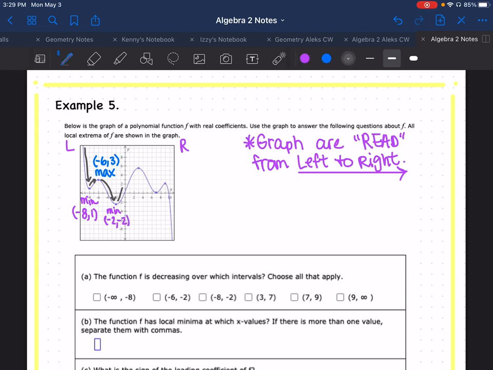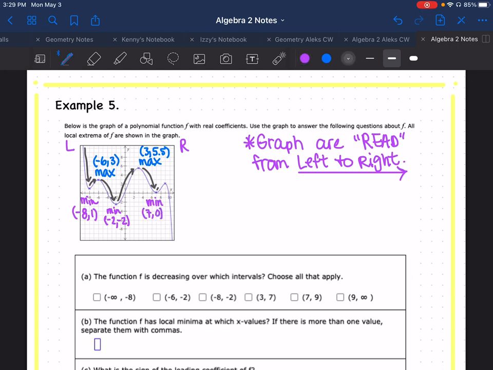Then my graph will increase to this point right here, which is a local maximum, and it is at the ordered pair 3, comma, maybe 5.5. I'm going to guess 5.5. The y value isn't going to matter. It's really the x value that I need, so that's okay. Then it's going to turn and decrease to this point, which happens to be a minimum at the point 7, comma 0.